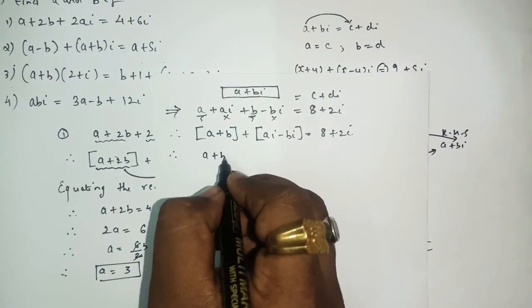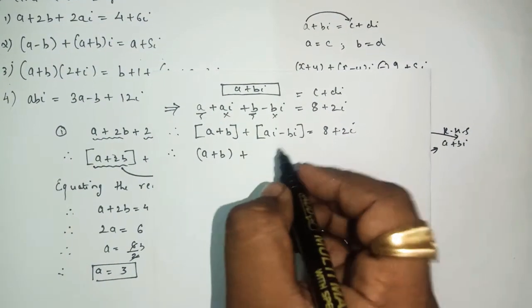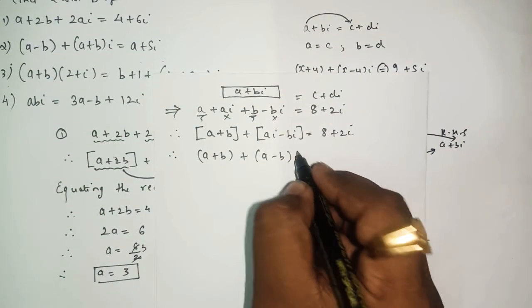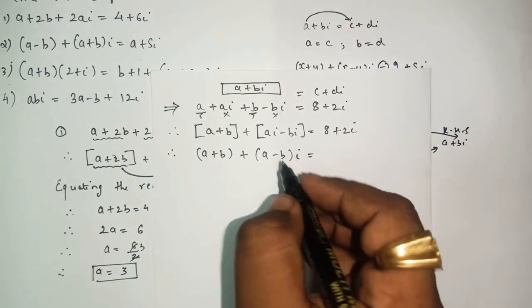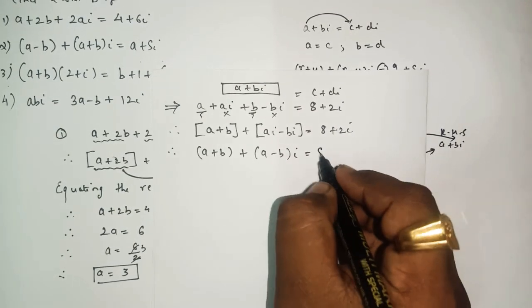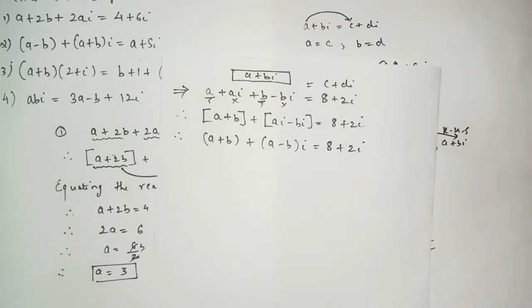So we'll keep this a plus bi in the one bracket. Here clearly we can see that i is common from these two terms, so we can bring i as common and write the i outside the bracket. So 8 plus 2i.